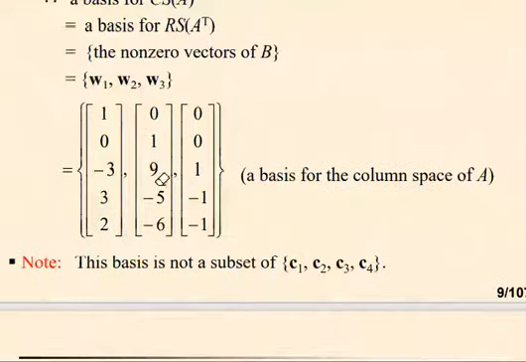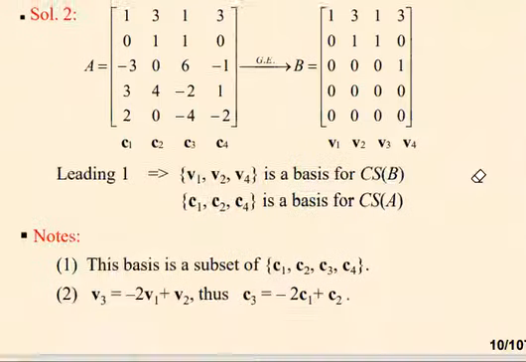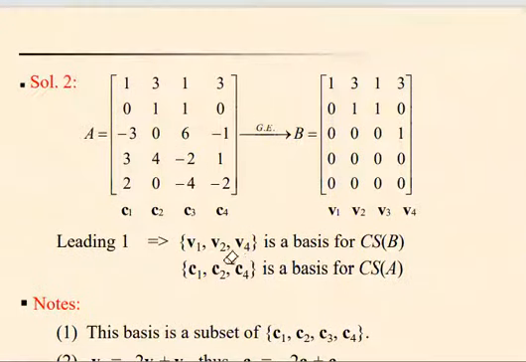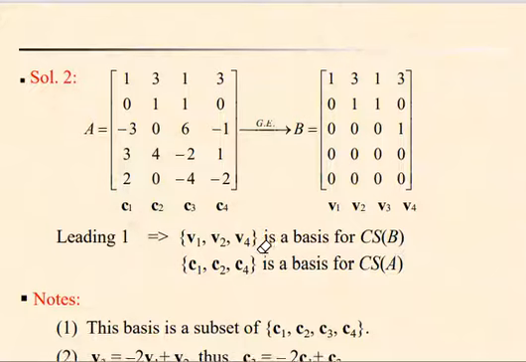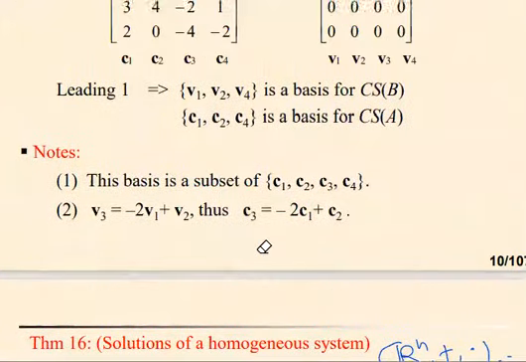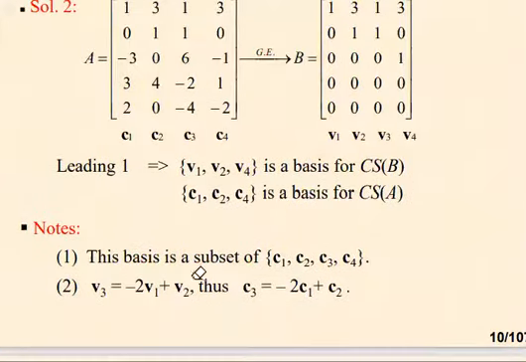This is another basis for the column space of A. But this basis, V1, V2, V4, is a subset of C1, C2, C3, C4, these columns.